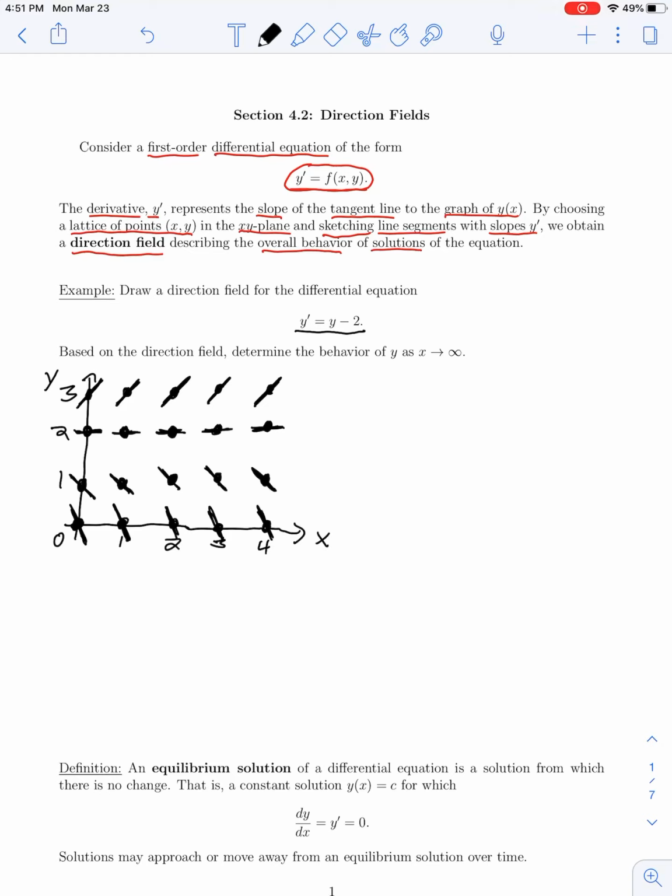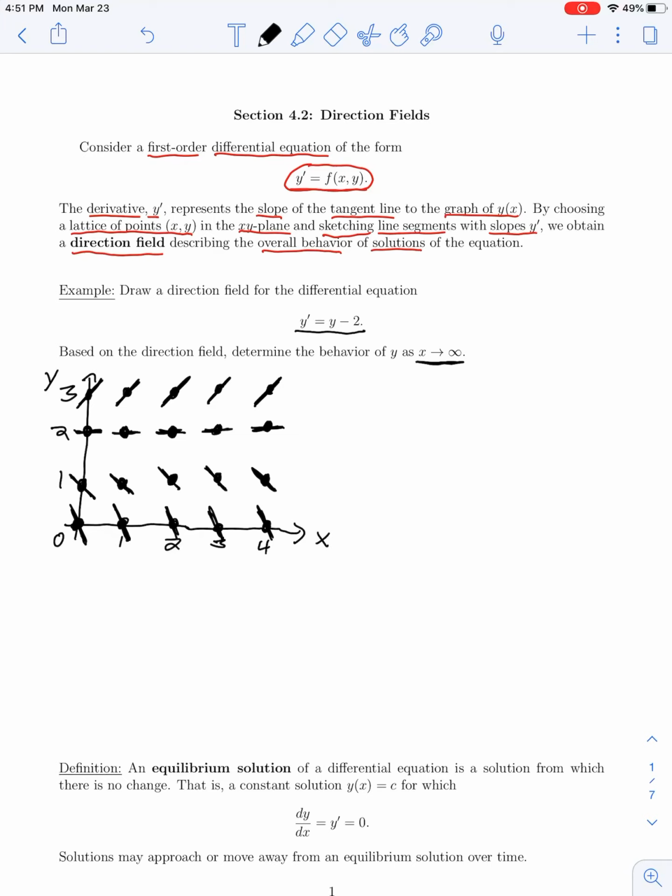So this sort of figure is called a direction field. And typically one thing that we would do to make our direction fields a little more informative is to turn these line segments into arrows. So in this problem in particular, we are asked about the limiting behavior of our solution y as x becomes infinitely large. So we're interested in what's happening with the value of y as x gets larger in the positive direction.